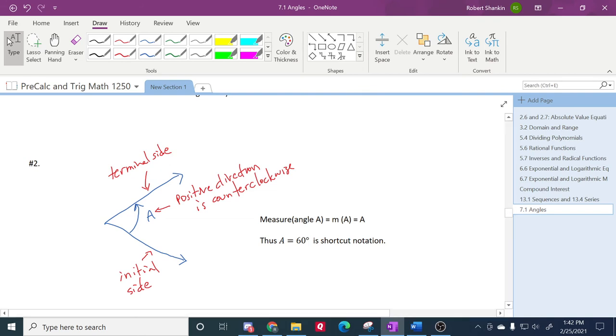When we do the measure of angle A, we could shortcut that notation and say m of A for measure of angle A. And then we can shortcut that even more, and math is really big at making shortcuts. If we can write less, we do. So we just put A, and A stands for the measure of angle A. Thus, the measure of angle A, which we call just A, is equal to 60 degrees, is our shortcut notation.